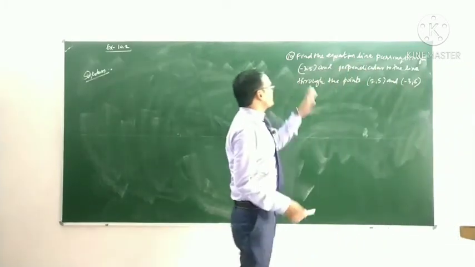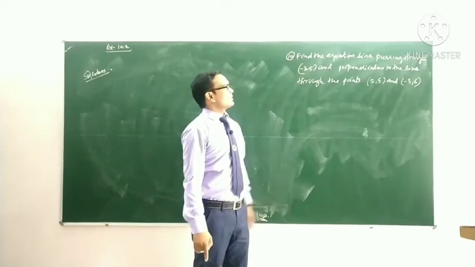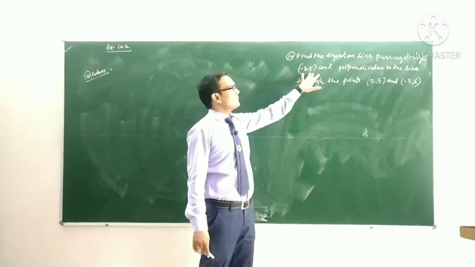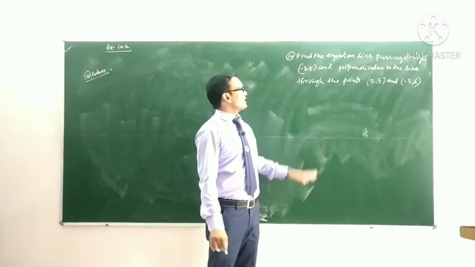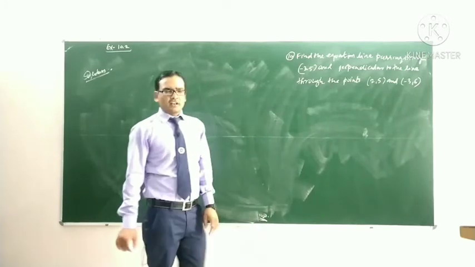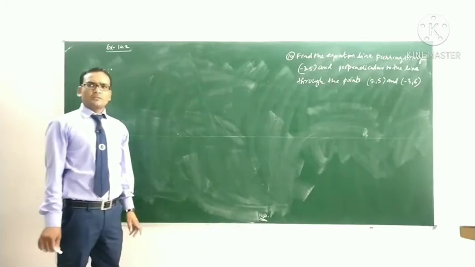Okay students, question number 10. Find the equation of the line passing through the point minus 3, 5 and perpendicular to the line through the points 2, 5 and minus 3, 6.